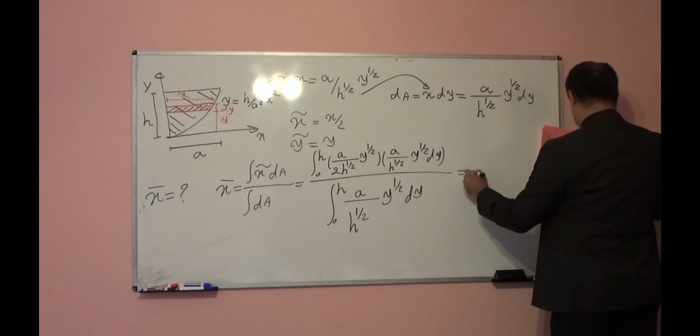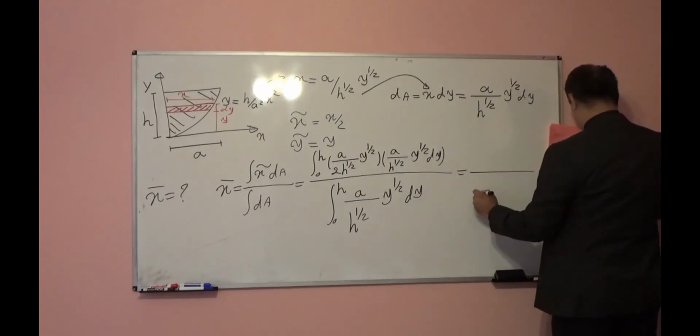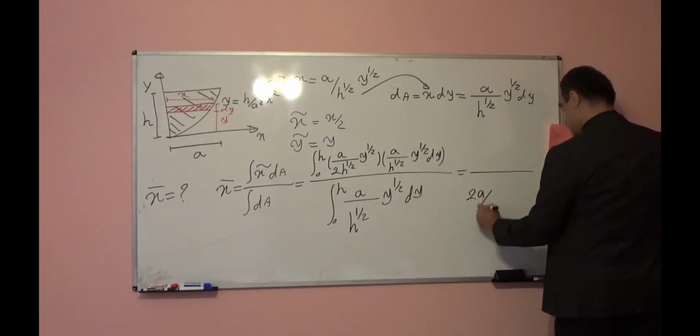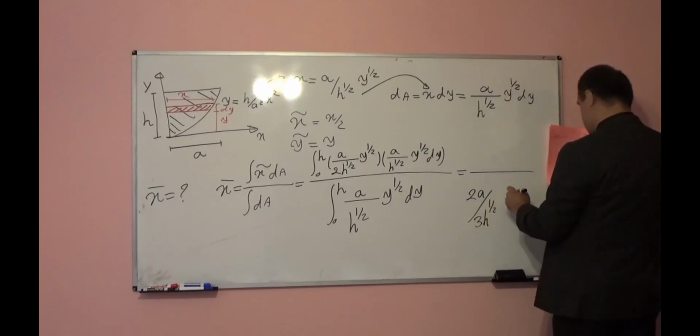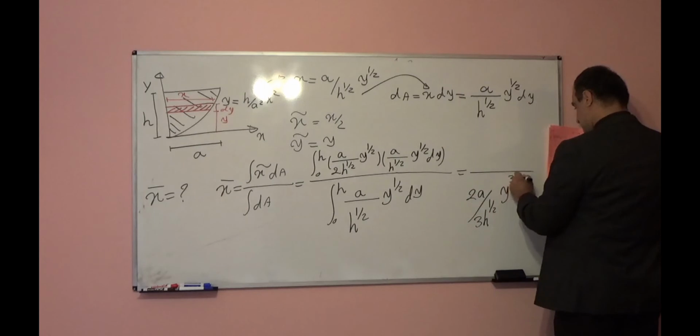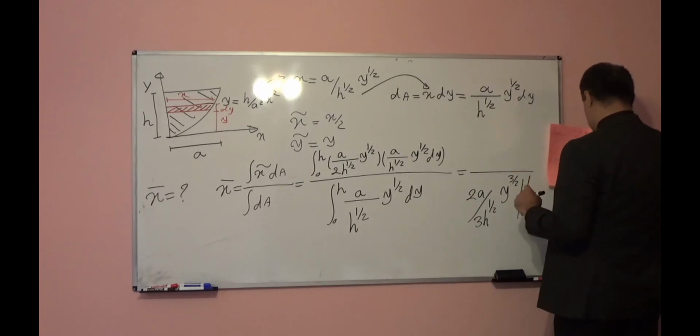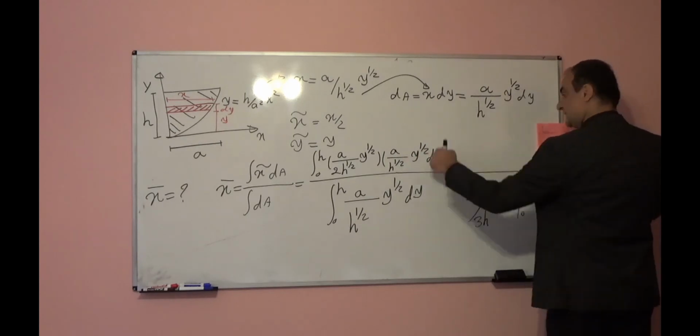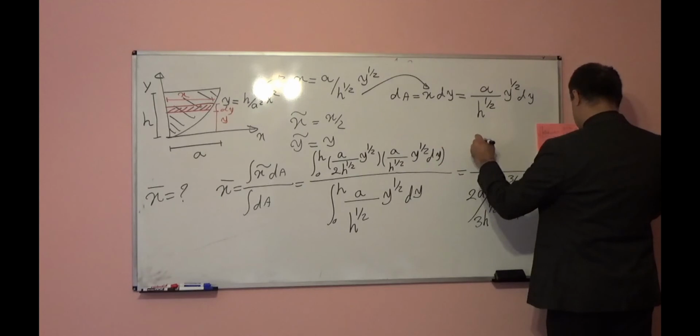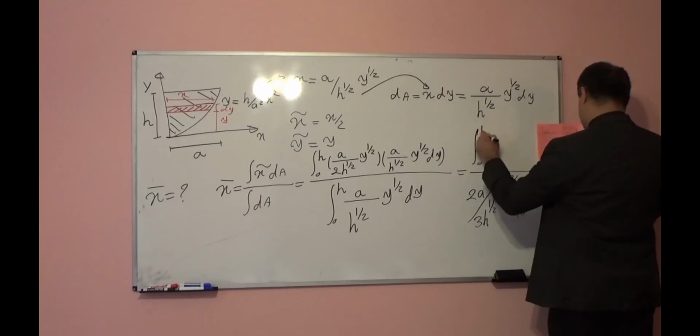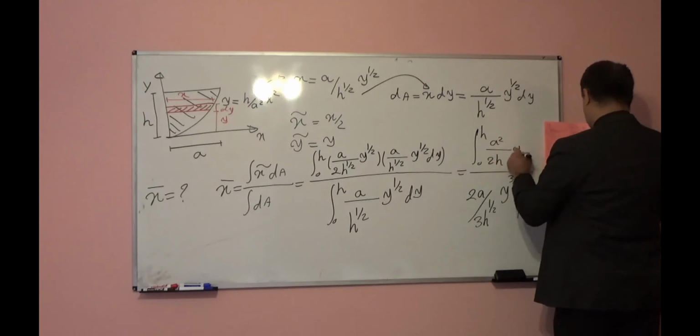So if I integrate this, it will be 2a over 3h to the power of 1 over 2, y to the power of 3 over 2 from 0 to h. And if I simplify this, I can write integration from 0 to h, a squared over 2h, y dy.